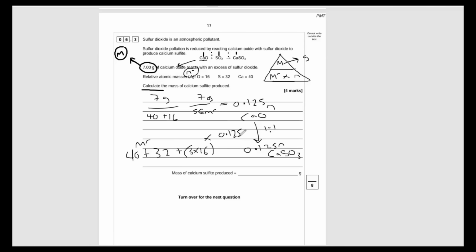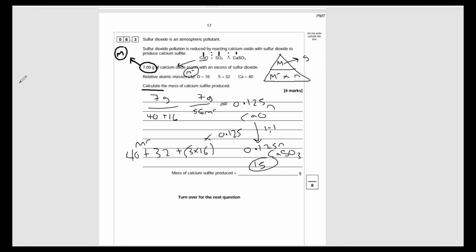So 40 plus 32 plus 3 times 16, that's 48, right? And that equals 15. And the answer is the mass of calcium sulfite produced is 15 grams, 1, 5.